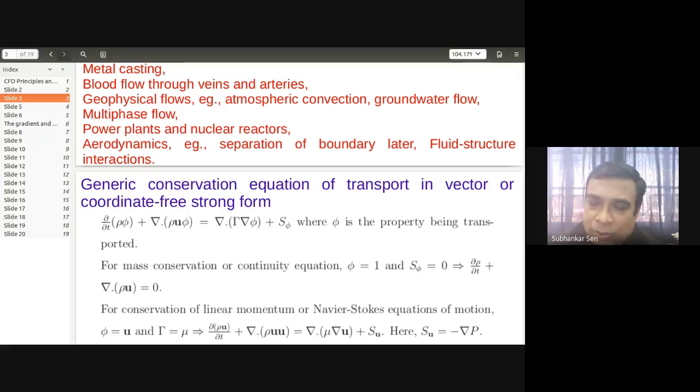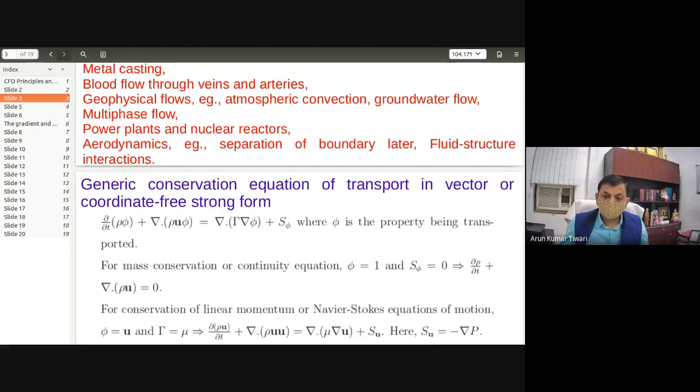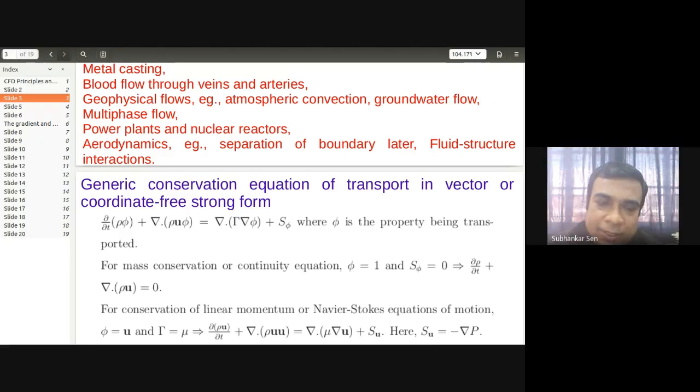Okay. So when we write this equation, we make sure that the quantity phi, its first derivative and its second derivatives are all continuous. Okay. So this is a basic assumption. This must hold true: this variable phi is a continuous function of space and time. It means that phi itself is continuous.